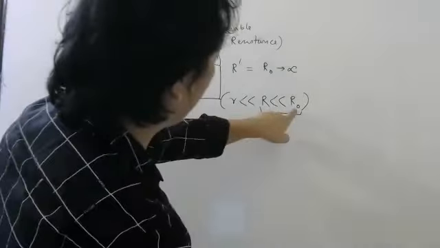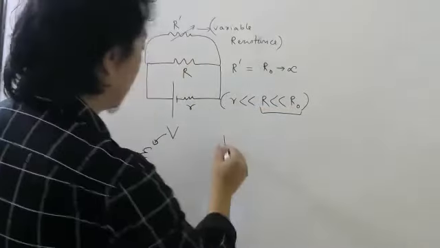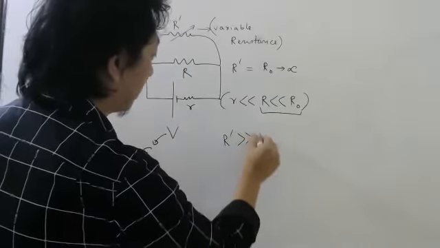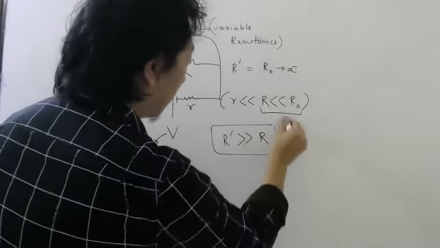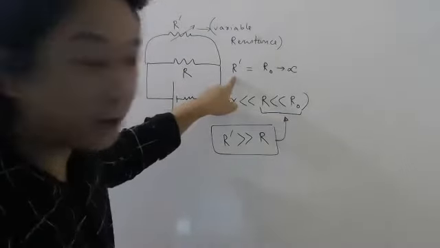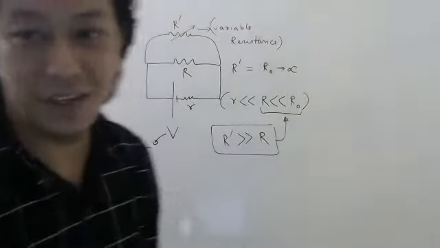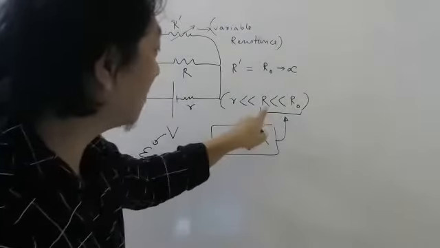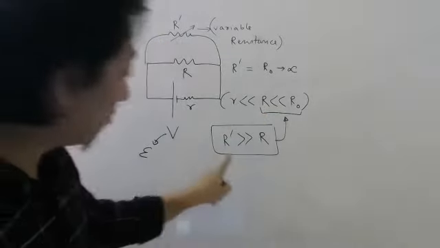Since R naught is very large compared to R, it means R dash will be very large than R. You can find this from here, because the value of R dash starts from R naught only, then it goes up to infinity. Already R naught is very large, they told. That means this R dash, whatever you keep here, is very large.